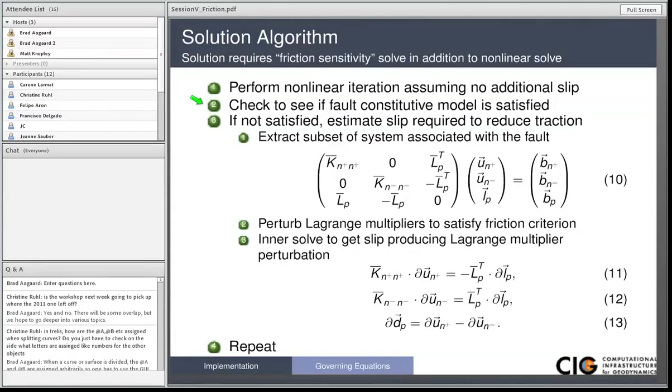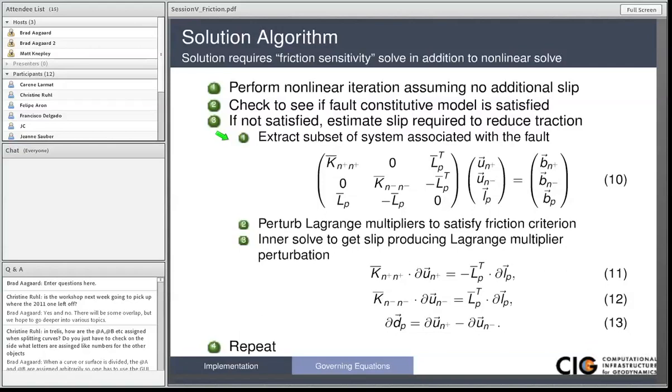However, if the fault constitutive model is not satisfied, that is, our shear tractions exceed those that are allowable in terms of fault friction, then we want to update our slip estimate so that it's consistent with this reduced traction coming from the fault constitutive model. And to figure out how much slip to impose or increase to reduce the tractions, what we do is we extract a subset of the system associated with just the fault.